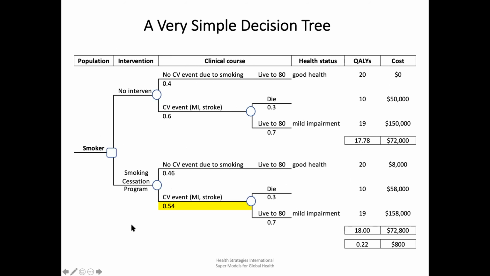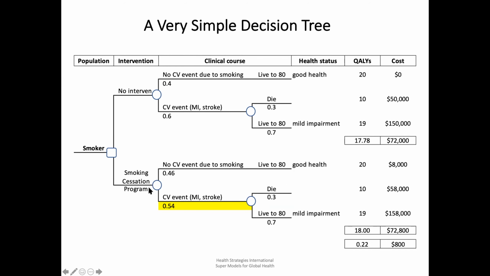Here's what a specific tree looks like. In this particular very simplified example, you have a smoker, and the decision is whether or not to do a smoking cessation program. You can do no intervention, we'll call that standard of care, and smoking cessation.